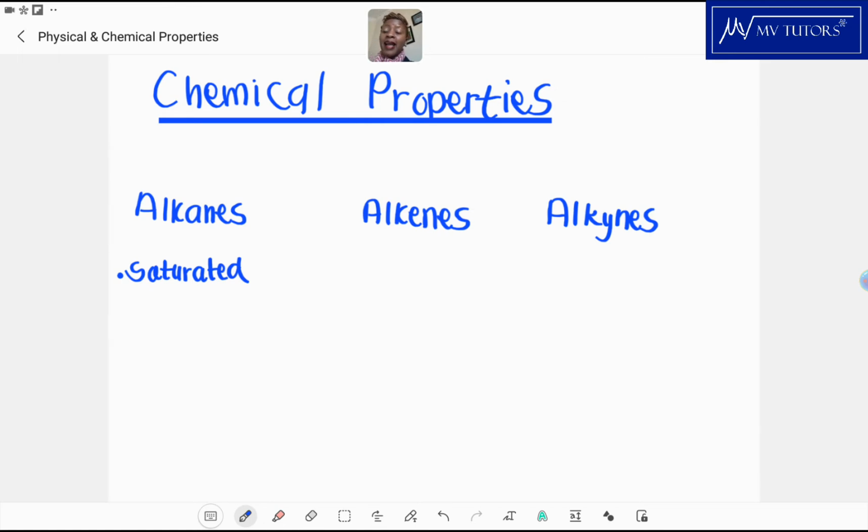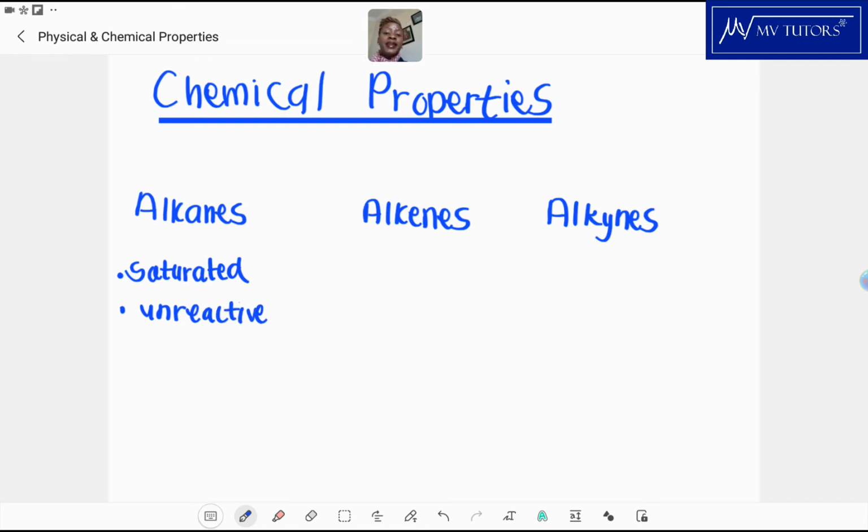Because they are saturated, they are most likely not keen to react with other compounds. So they are unreactive, generally unreactive.